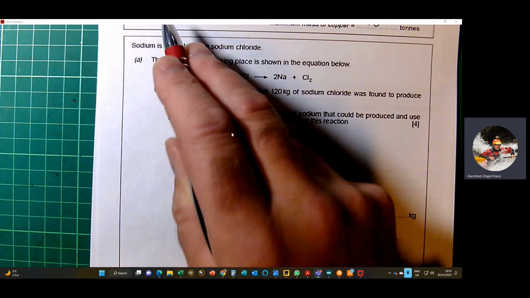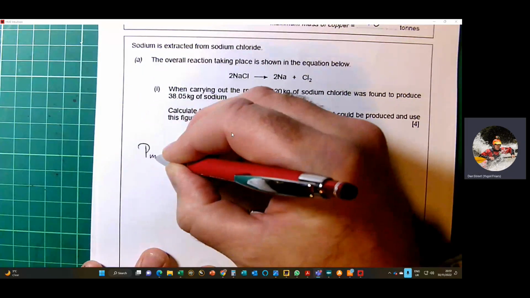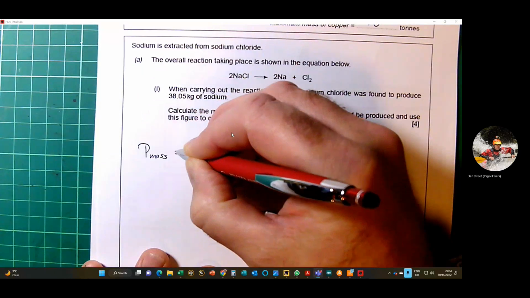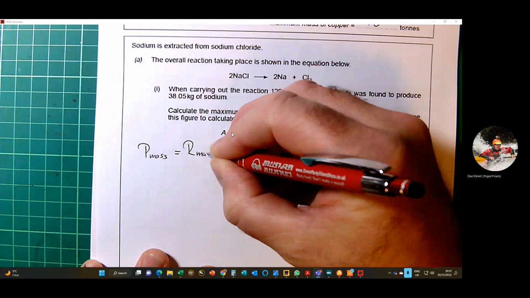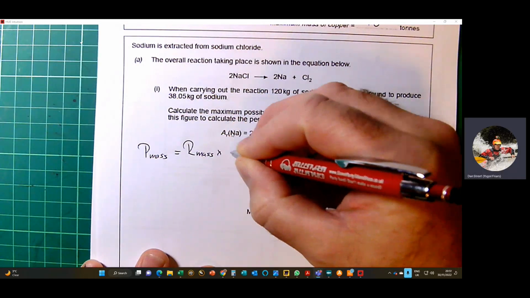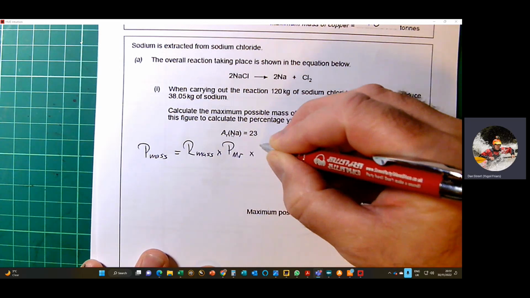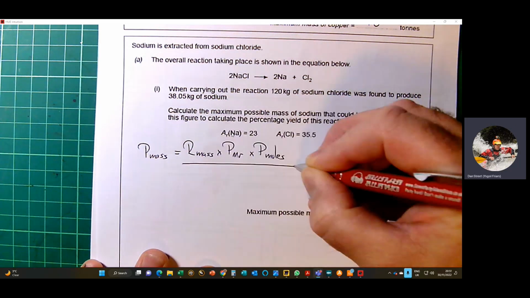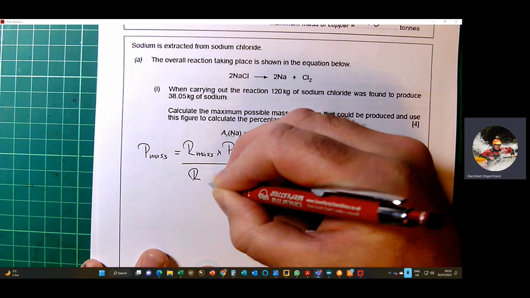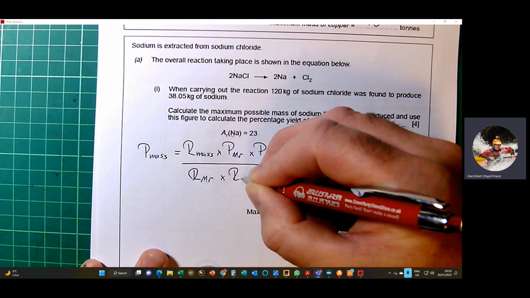So if we use the same equation that we saw previously, our product mass is equal to our reactant mass times our product MR times our product moles, all divided by our reactant MR times our reactant moles.